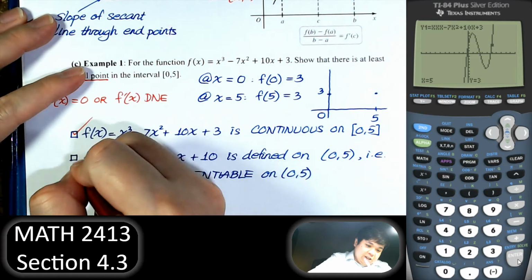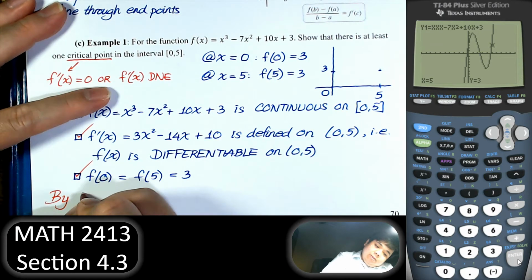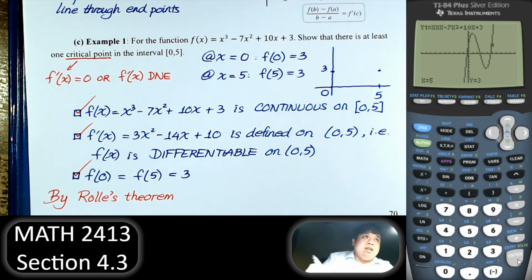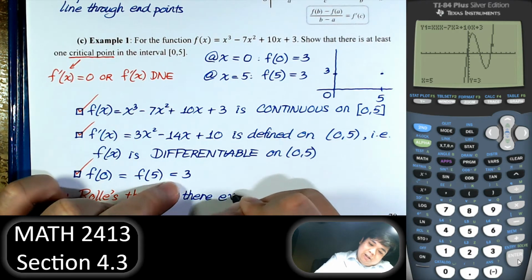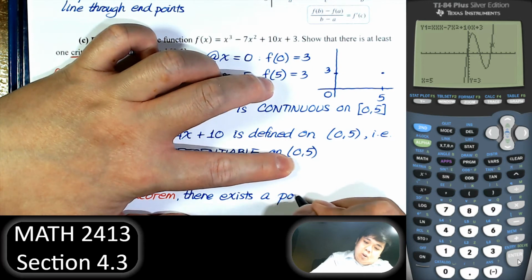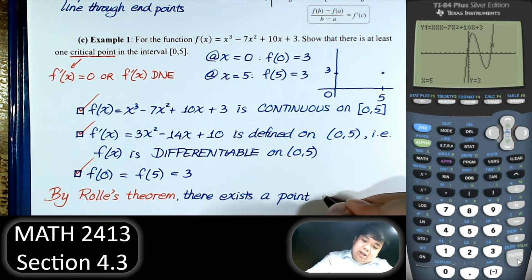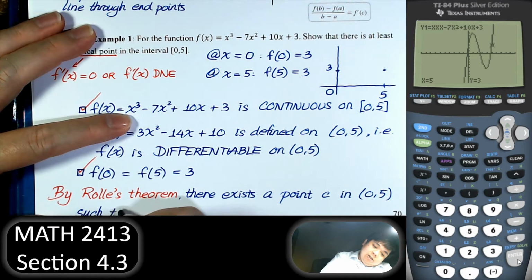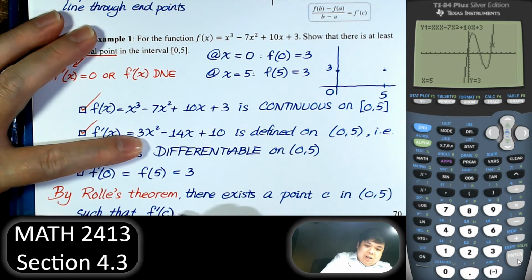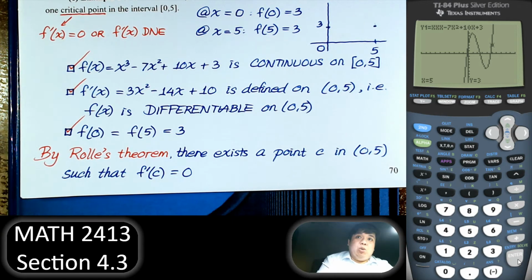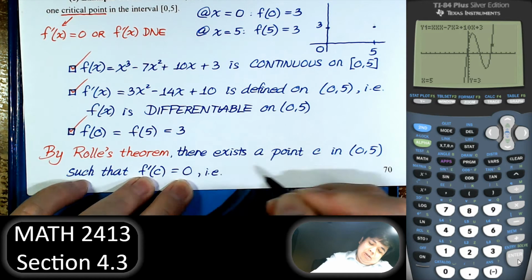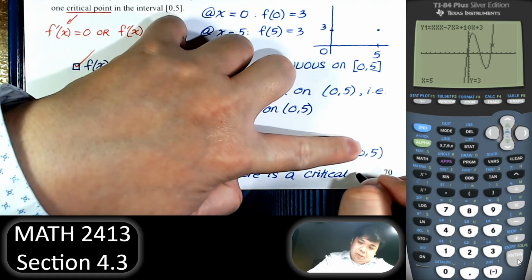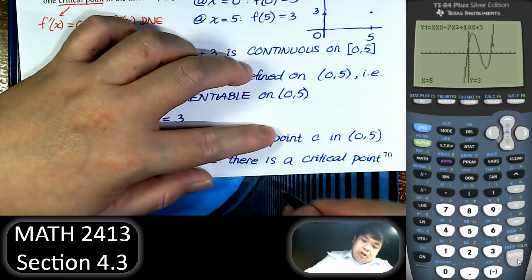So by Rolle's theorem, there exists at least one c in the interval from 0 to 5 such that the derivative equals 0. A derivative equal to 0 means there is a critical point between 0 and 5.